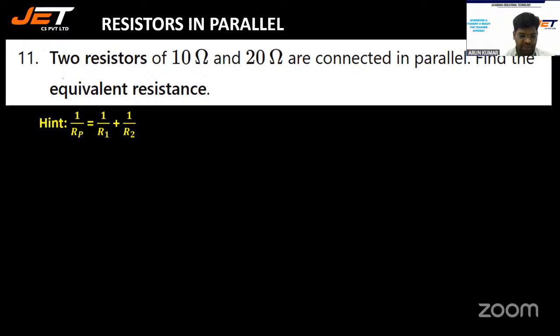Meghna, it is not 3 by 20. Anji, Raju, it is not 3 by 20. I need to find out RP. 1 by RP is 3 by 20, students. Here you're going wrong.